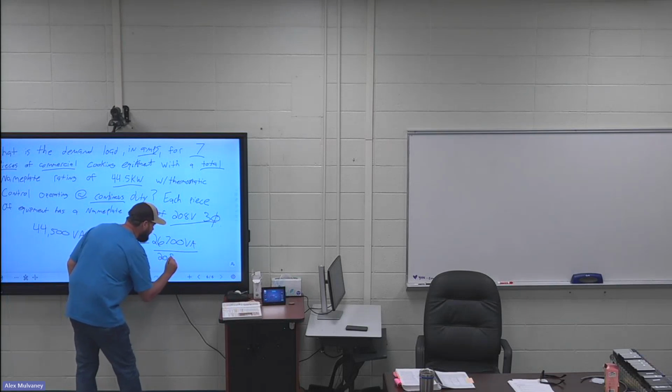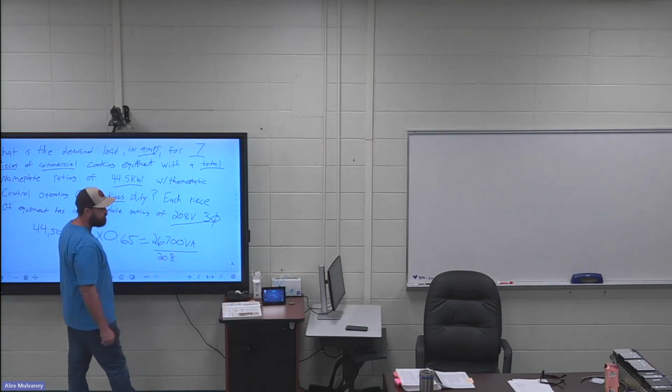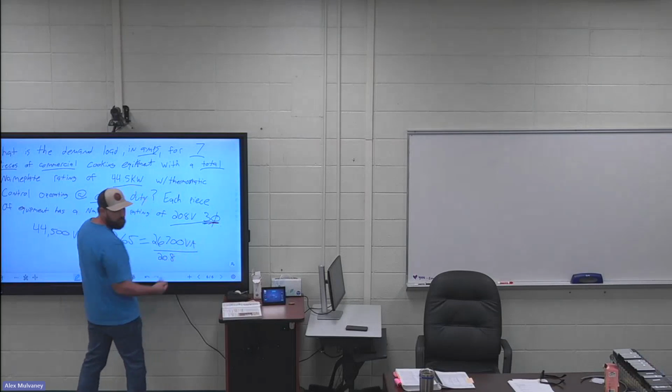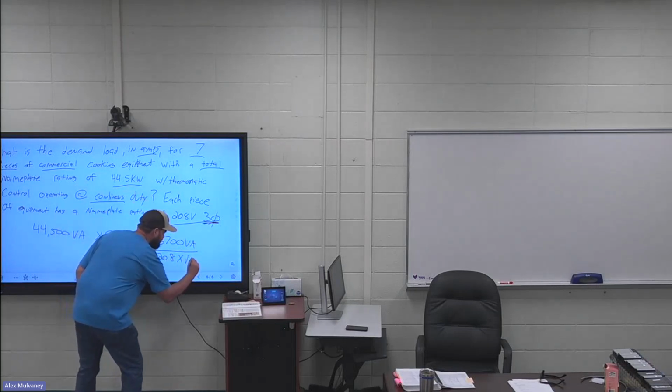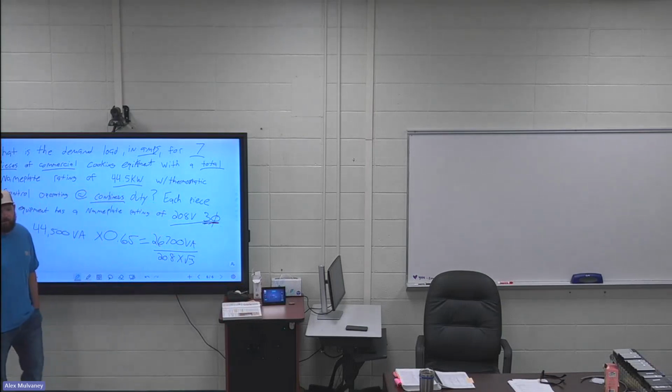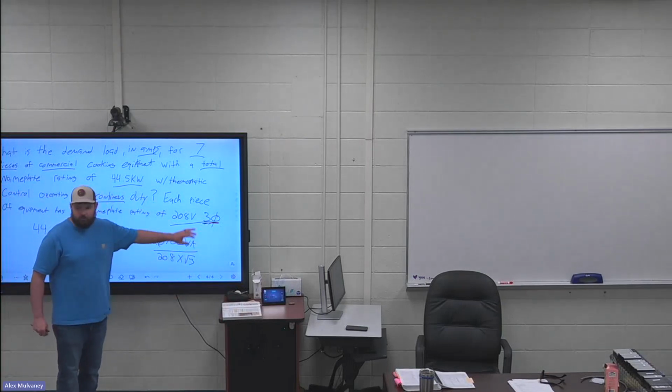The hard thing here is, what other piece of information do we know? It's 3-phase, so we haven't dealt with that yet. All you have to do is multiply by the square root of 3. That's just what you have to do when it's 3-phase.